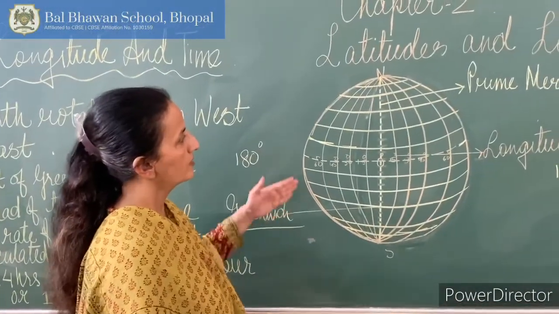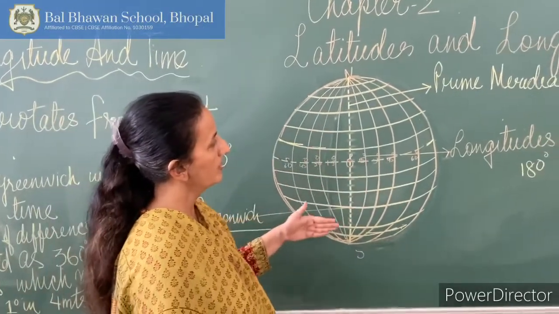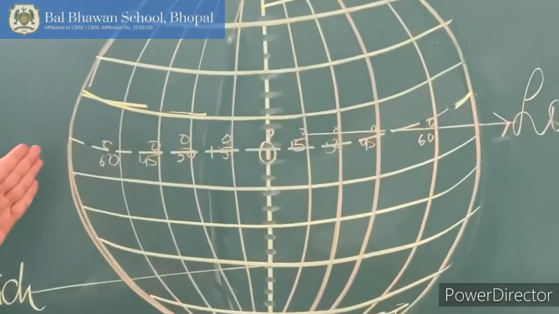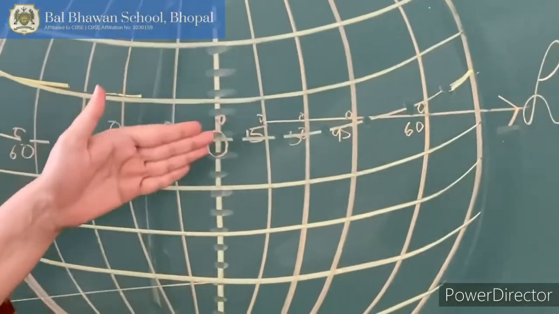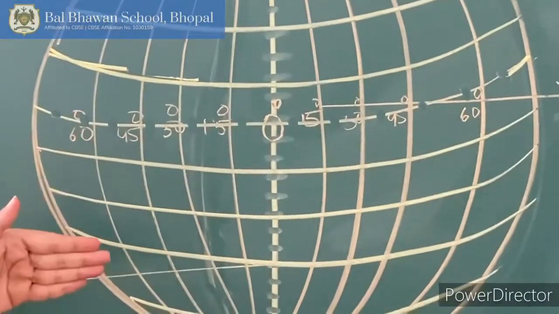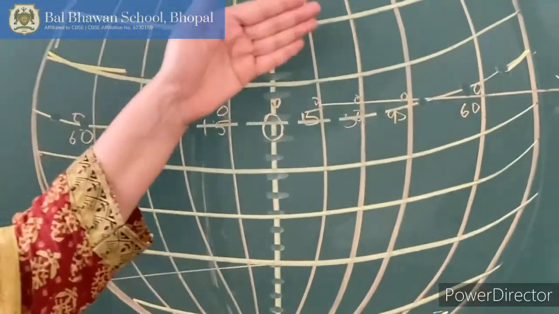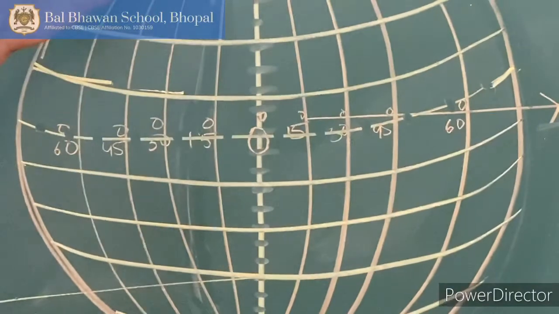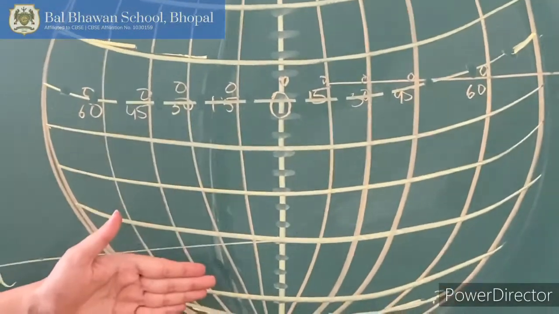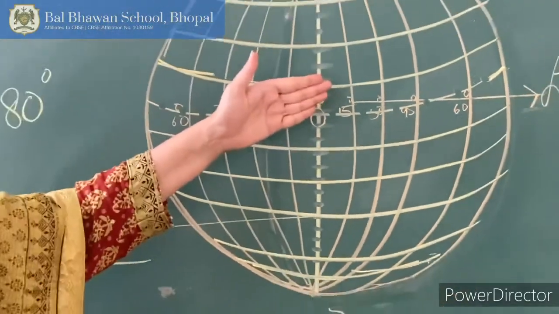Okay children, so now in this globe, can you see small squares? These squares are formed by the two lines which we have studied, latitudes and longitudes. These latitudes and longitudes intersect each other and they form squares.